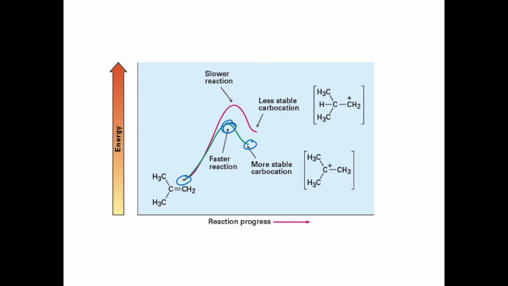Since increasing alkyl substitution stabilizes carbocations, it also stabilizes the transition state leading to those ions, thus resulting in a lower hill and a lower activation energy and a faster reaction. In other words, more stable carbocations form faster because their greater stability is reflected in the lower energy transition state leading to them.